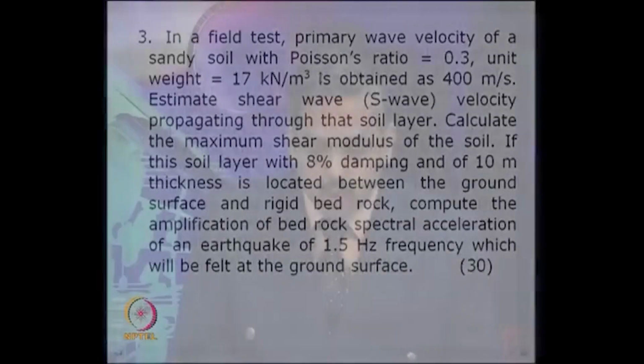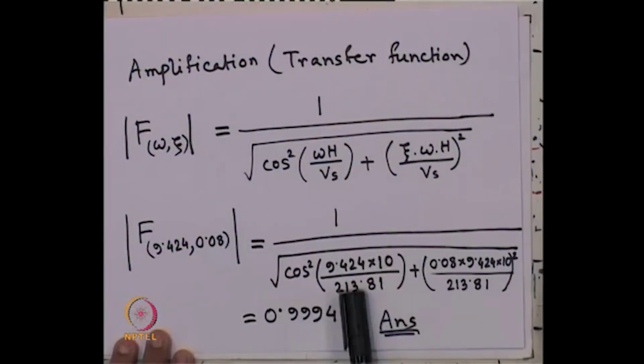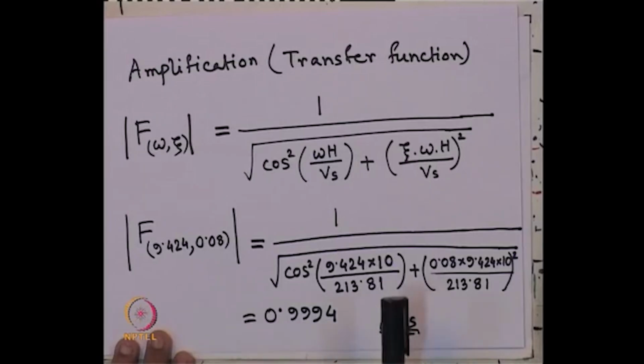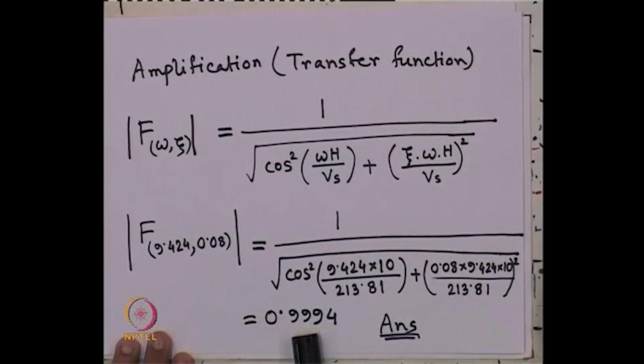Remember, this is only true for these given values of omega, or frequency of 1.5 hertz only. If we are talking about some other frequency, say low frequency earthquake, high frequency earthquake, we will get different values of amplification. So, this is for a particular frequency of earthquake, we are getting almost no amplification.